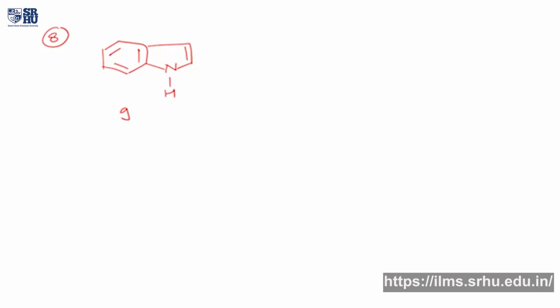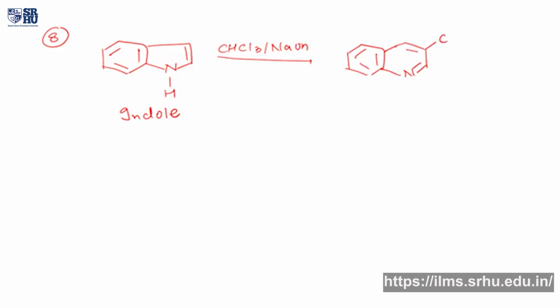This is a very important heterocyclic moiety, and when we react this heterocyclic moiety with chloroform NaOH, a ring opening and ring expansion will take place, and we get 3-chloroquinoline.